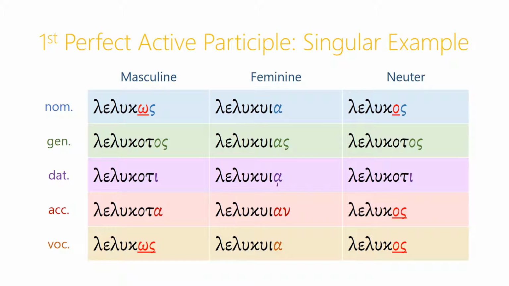So instead of using eta endings in the singular, we use alpha endings for the first declension in these first perfect active participles. That gives us the forms leluquia, leluquias, leluquia with an iota subscript, and leluquian, and then leluquia again for the vocative.